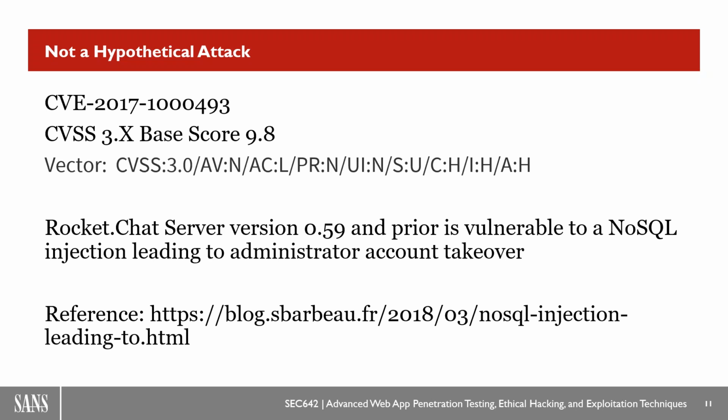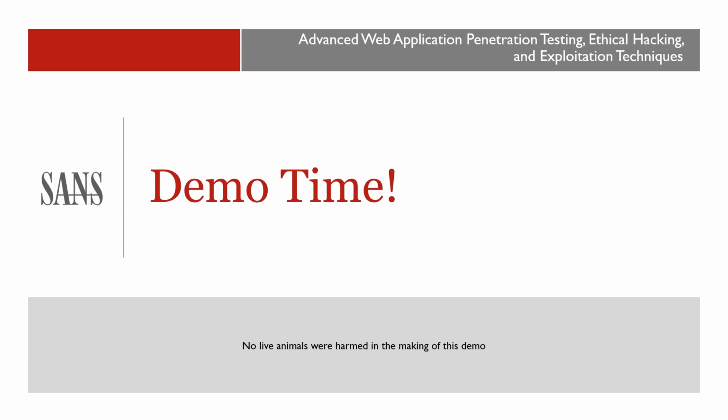You could register your own account, which is allowed in this application, then query the administrator account information, then send a reset of the password of the main account, and then through NoSQL injection, you could actually recover the token sent to the administrator and take over the administrator account. The reference at the bottom there is the write-up of this attack. That's actually not the one we're going to demo.